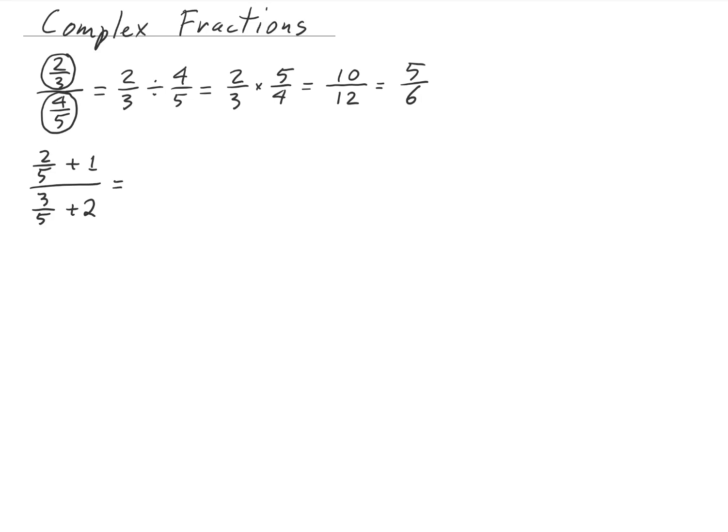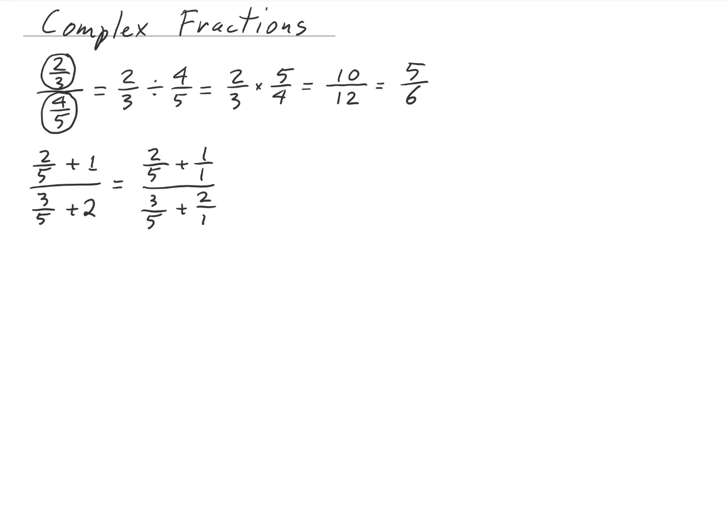So I need to combine those two terms on the top and the two terms on the bottom. But first I need to rewrite that 1 as a fraction. And I need to rewrite that 2 as a fraction. So that's easy. I just put them over 1. So we get 2/5 plus 1 over 1 over 3/5 plus 2 over 1.